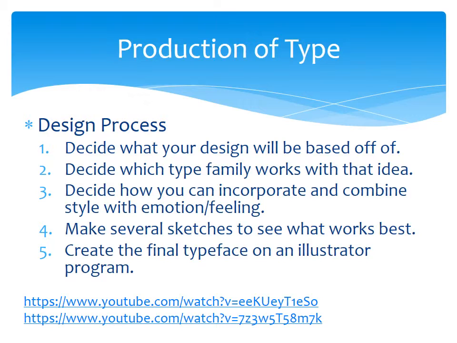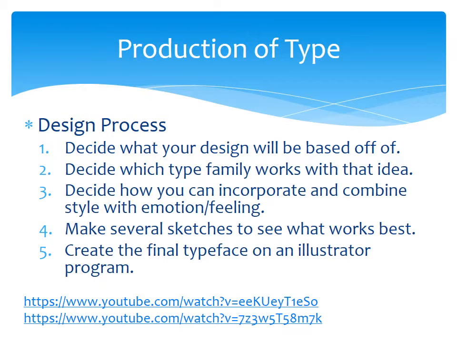Okay, so the production of type. Below is the basic design process. You first must decide on what your design will be based off of. In one of the videos, you'll see that she wanted to do something along the lines of plant life.